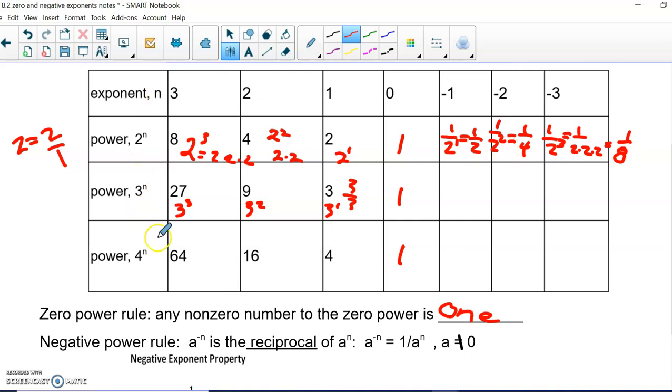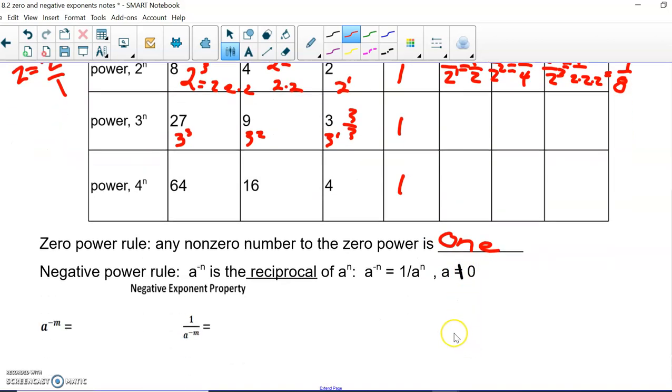All right, so the secret with that one is called the negative power rule. If you take any negative exponent, what you want to do is take the reciprocal, and that would turn it into a positive. For example, if your base was a, it now is 1 over a, because we know a whole number is really over 1, and now the exponent becomes a positive, as long as your a is not 0, because you can't have a 0 in the denominator.